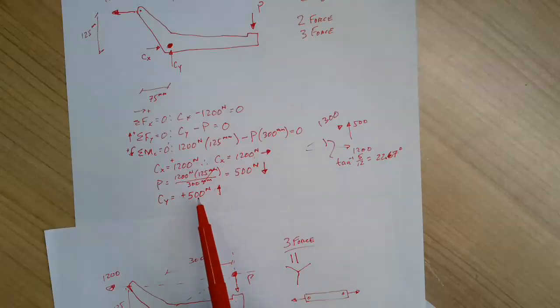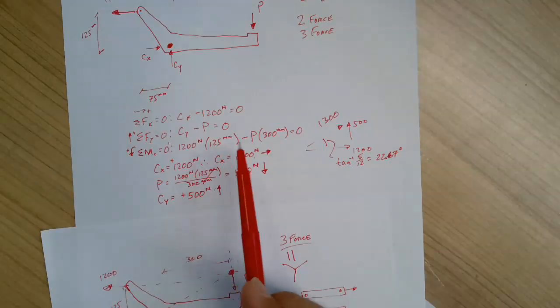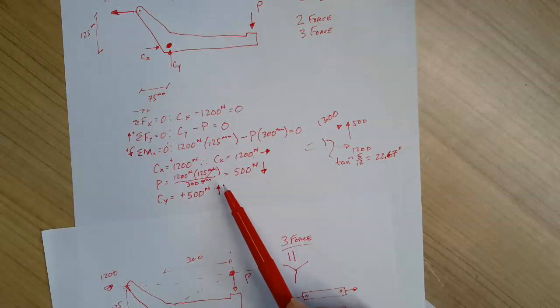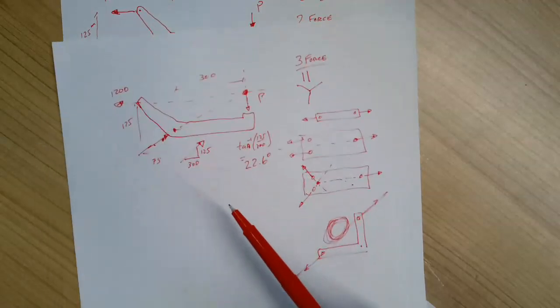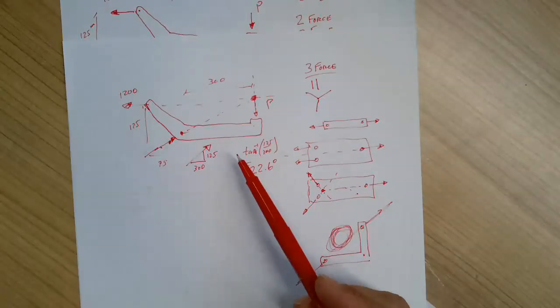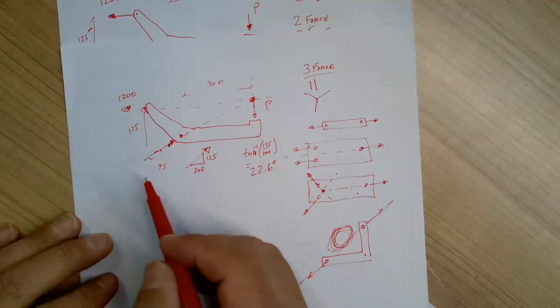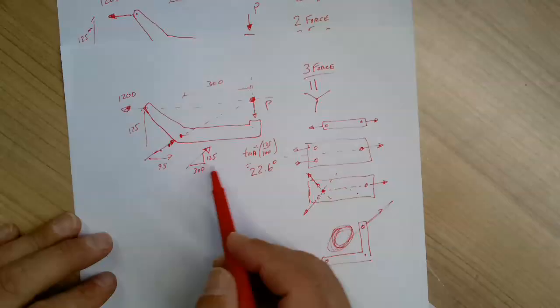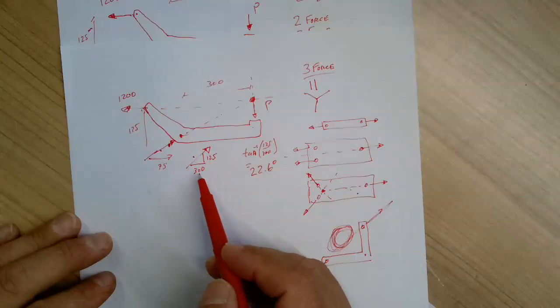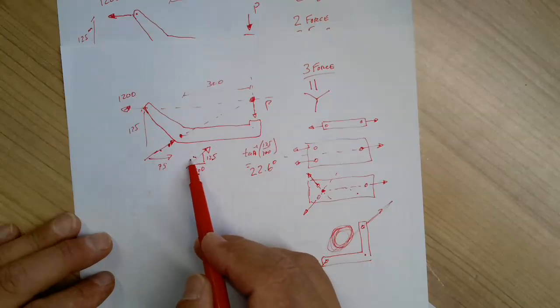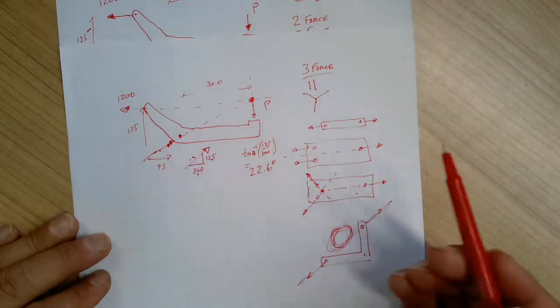It was three unknowns, and I had to solve three equations for three unknowns. It wasn't very hard, but when they do get hard, three equations for three unknowns, you'll appreciate, hey, if I had identified the three-fourths member, now I just have two equations and two unknowns to solve this one. Because now, remember, Cx is going to be 300 over the hypotenuse, and Cy is going to be 125 over the hypotenuse times C.